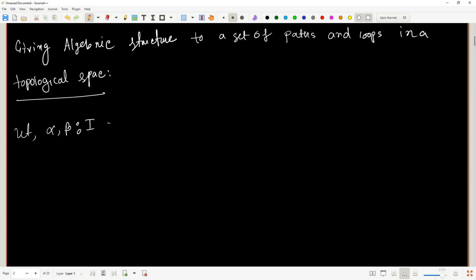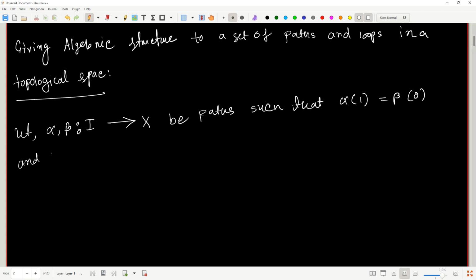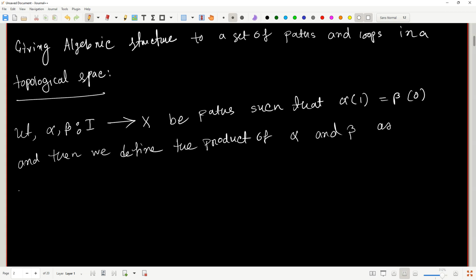These are maps that take my data from the interval and map to the topological space X, and these alpha and beta are paths such that alpha of 1 will be equal to beta of 0, and then we define the product of alpha and beta as alpha beta.